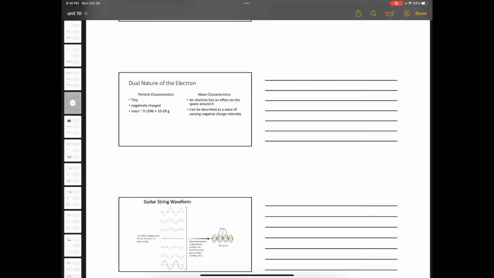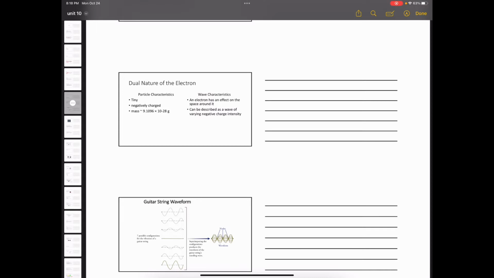When it comes to the wave characteristic, the electron has an effect on the space around it, and can be described as a wave of varying negative charge intensity. As the electron travels around the nucleus, the change in intensity of the negative charge basically represents a wavelength.